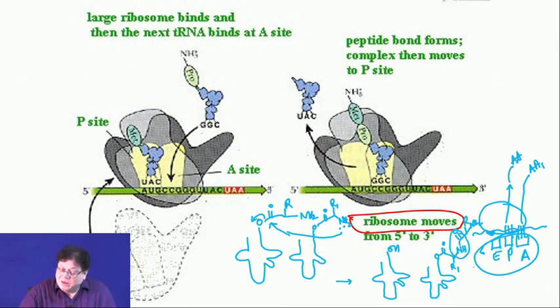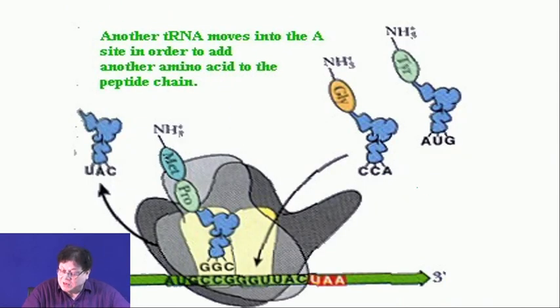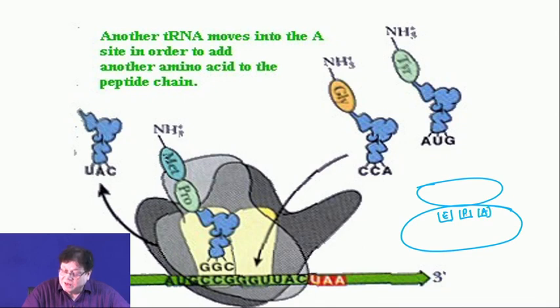Okay. So, what happens now? So, you have basically now this is the small, this is the large, this is your exit site, this is your P site, this is your A site. Okay. So, now after this, here is your free tRNA, because the methionine, that AUG which codes for methionine, is now transferred into the A site.